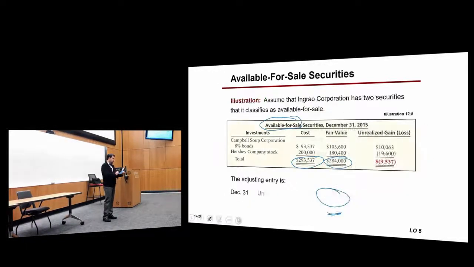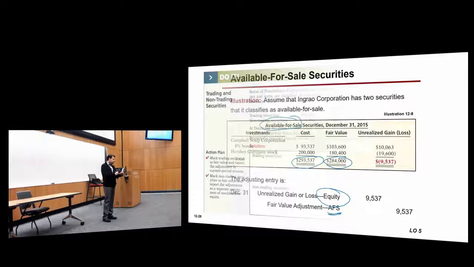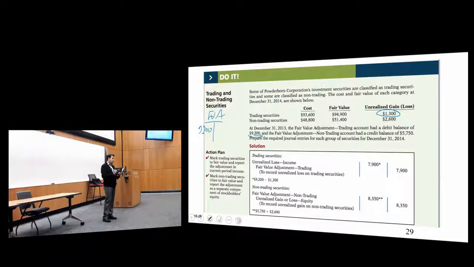So here, we know that at the end, the balance is supposed to be 1,300. Because it's a gain, so gain will be credited. Basically, you think about it this way. We have a gain. As a result, what happens to fair value adjustment?